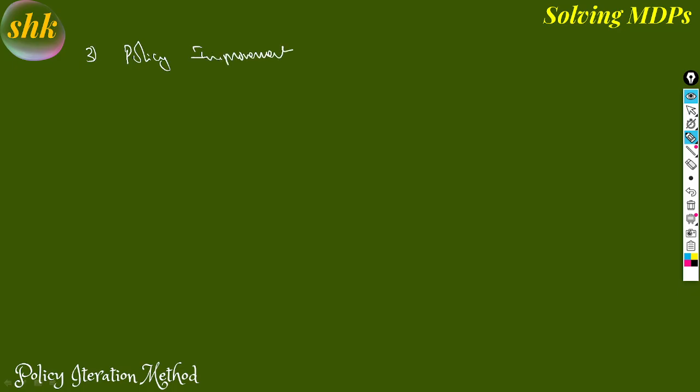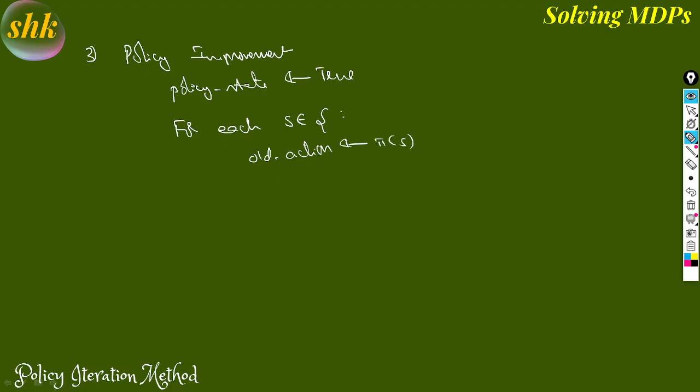So in this policy improvement, we will take a local variable which is equivalent to the policy state as true, which is a Boolean value. Now we go for each and every state s, a member of the state space S. We are going to assign the action which was considered to a local variable old action, which is pi of s.